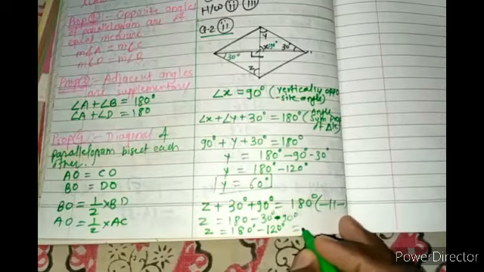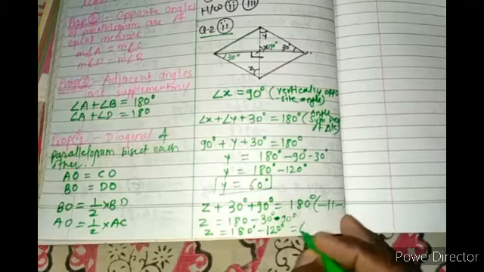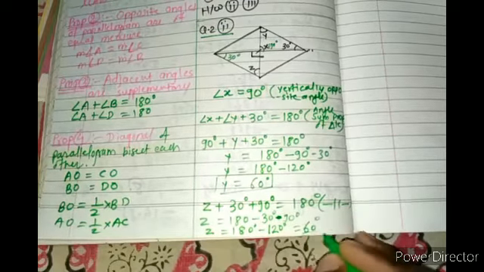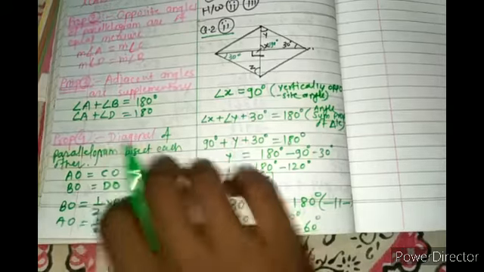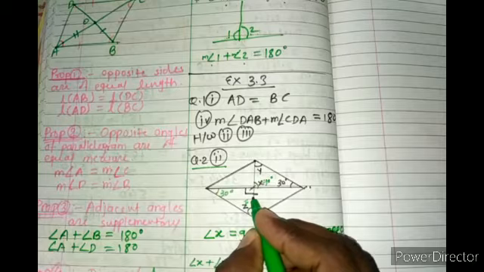So final answer is again 60 degree. So Z is also 60 degree. So in this way we can find the angles of a given quadrilateral, that is parallelogram.